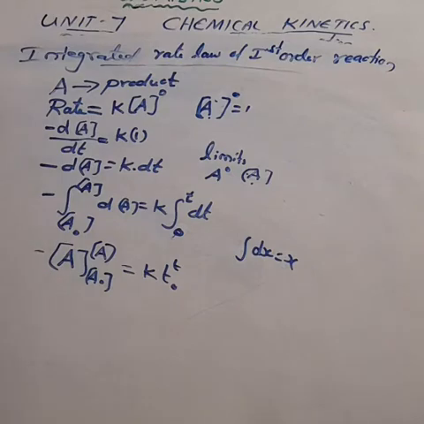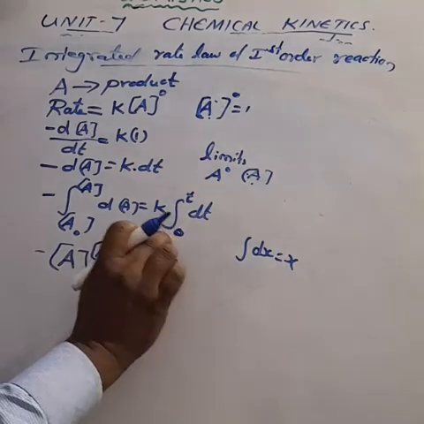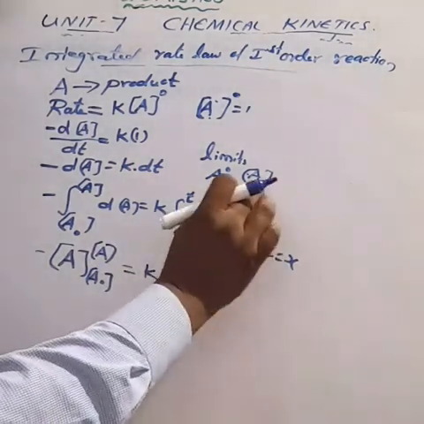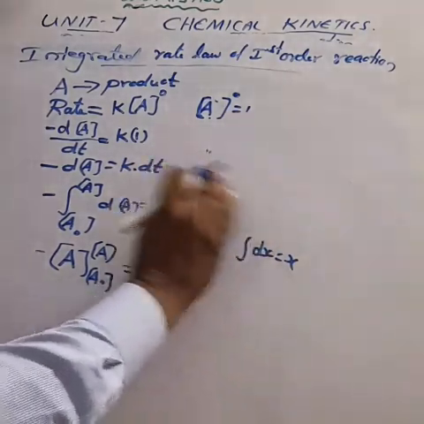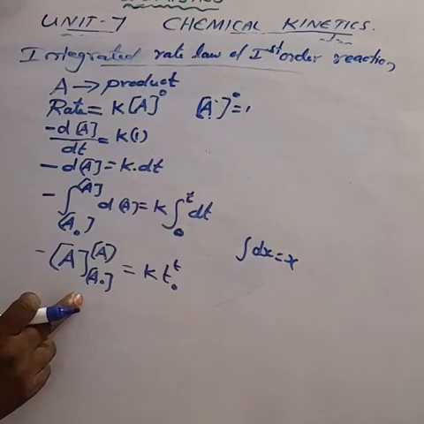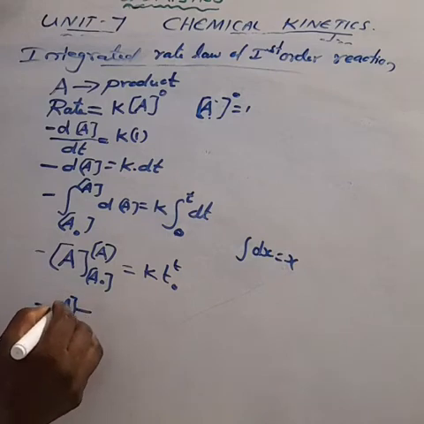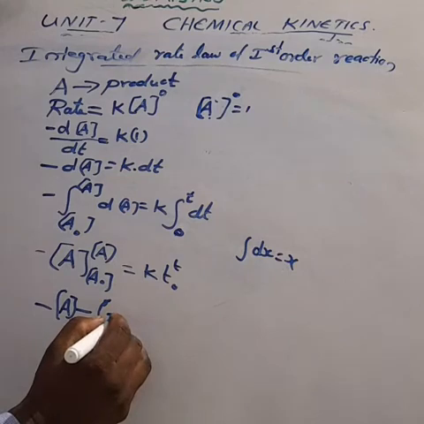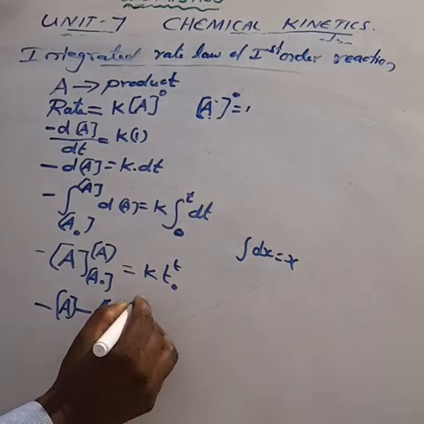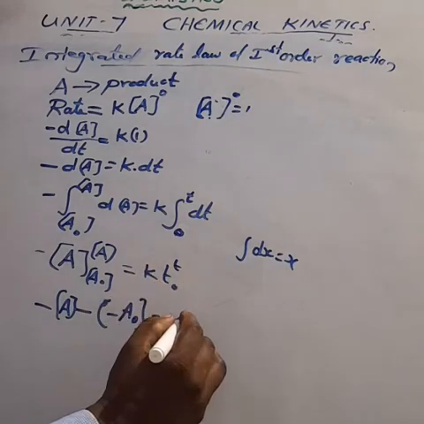So, the next step: minus concentration A, minus, again one more minus, so I make it a bracket, minus A naught, is equal to K into t minus 0.